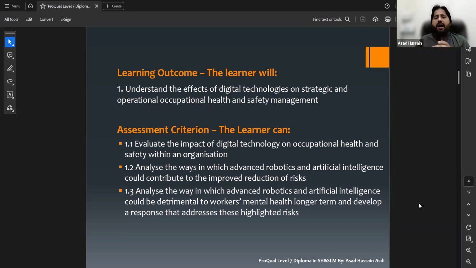And when we are using these technologies for occupational health and safety, then definitely these digital technologies will affect the occupational health and safety management system. So the first assessment criteria is evaluate the impact of digital technology on occupational health and safety within an organization. So everyone can give a good explanation of this and how they are evaluating this.